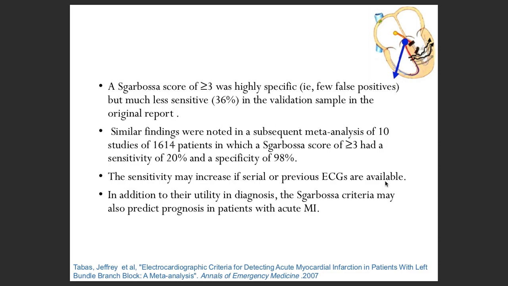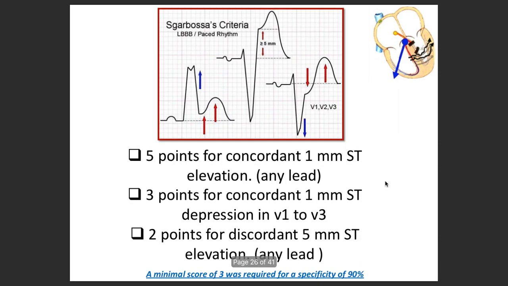Okay, so whenever there is a concordance, you get a score of 5. The higher the score, the more it may be associated with adverse prognosis. So you should expose them for percutaneous intervention as soon as possible. As I said, the minimum score is 3.